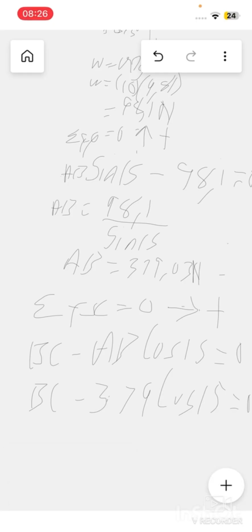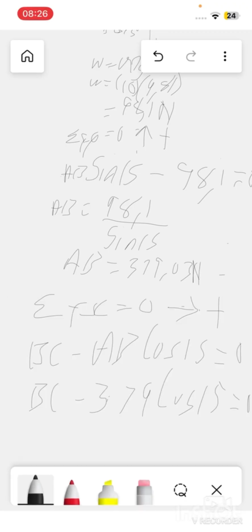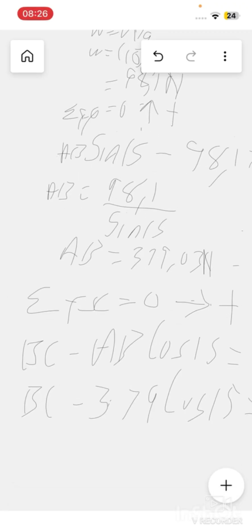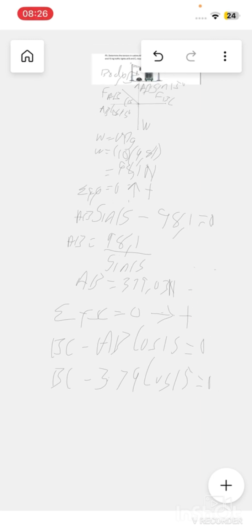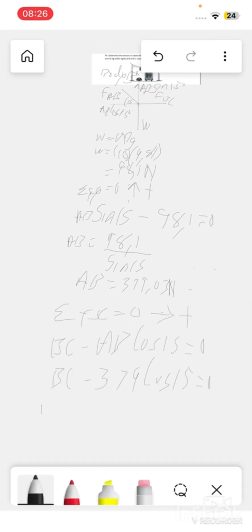Therefore, our BC, we transpose this number and punch it. 379 cos 15 is equal to 366.11 Newton.